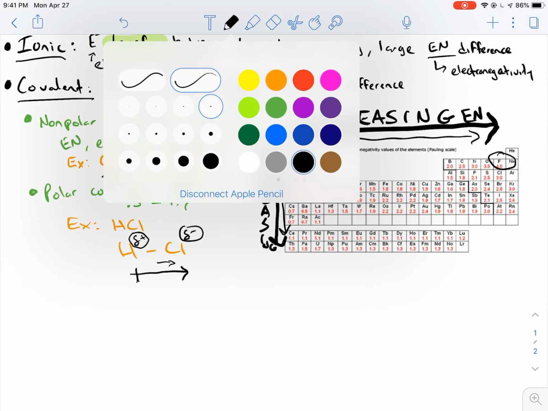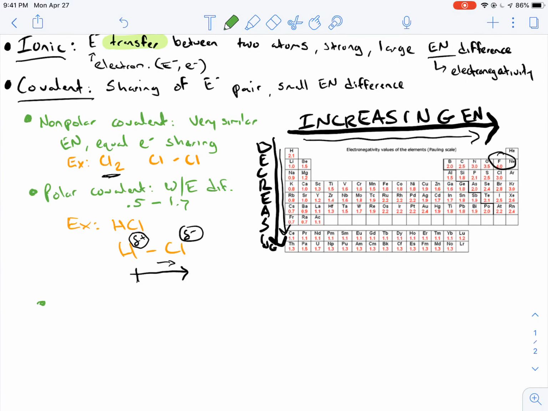Let's move on to coordinate covalent bonds. So that happens when shared electrons are derived from a lone pair on only one of the bonded atoms.